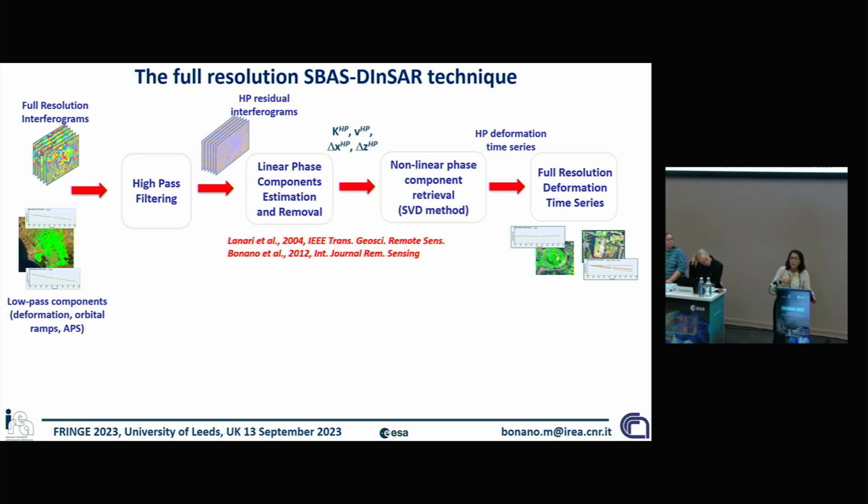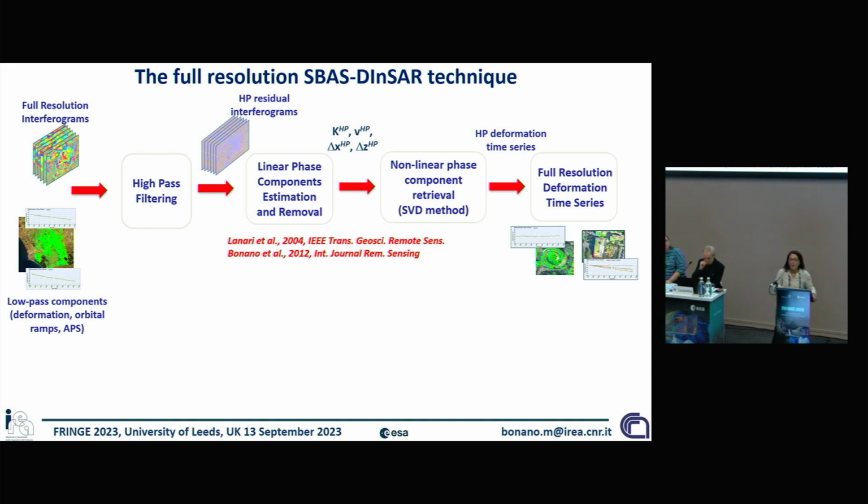So we retrieve these linear phase components through the phase model, and once found, they are subtracted modulo 2 pi from the HP residual interferograms in order to get the nonlinear phase components.